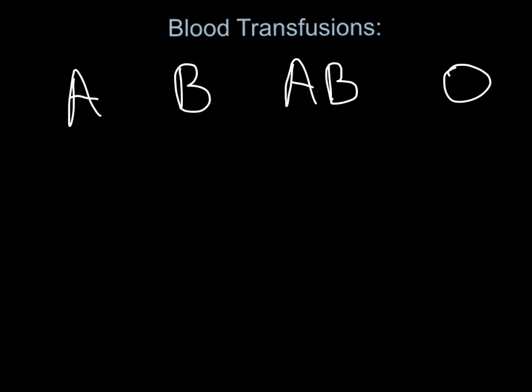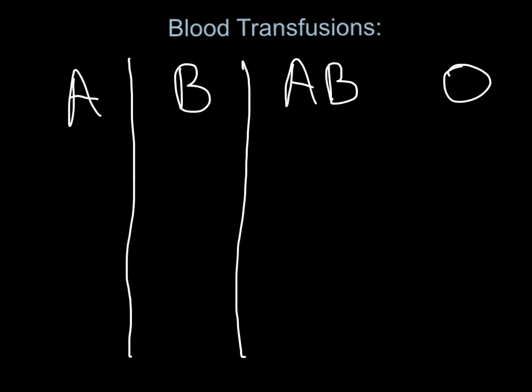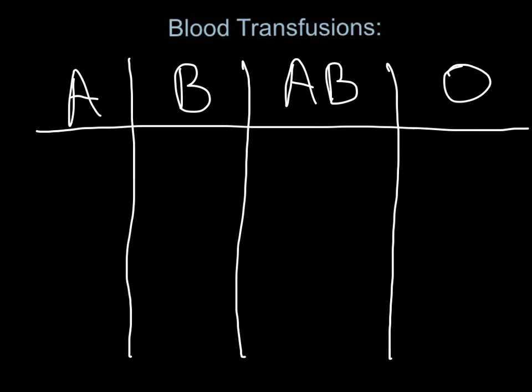For blood transfusions, this information is very important because when you're talking about blood transfusions, it has to do with the immune system. So your immune system is constantly looking at all of your cells to make sure that they're all in order and that there are no outsiders. This is also how it attacks cancer.